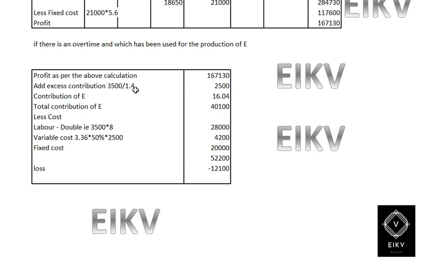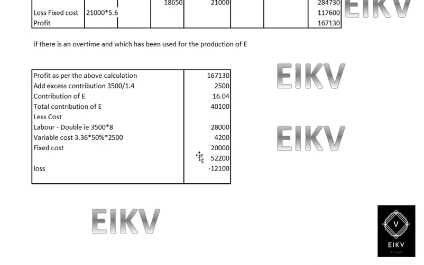That is 3,500 divided by 1.4, which is 2,500 units. The contribution of E is 16, therefore 2,500 multiplied by 16 will give 40,000. But the labor rate will be doubled, that is 3,500 into 8, and variable cost 3.36 into 50% multiplied by 2,500 will be 4,200.